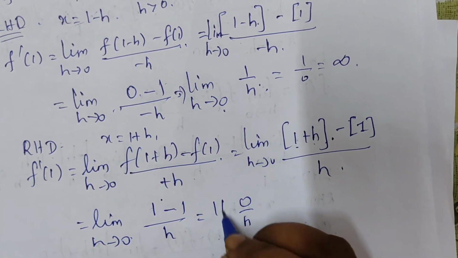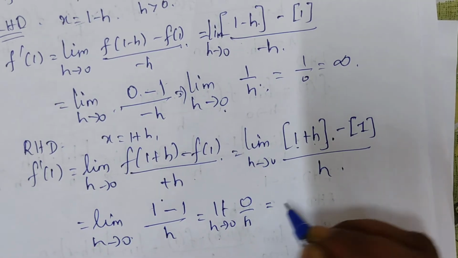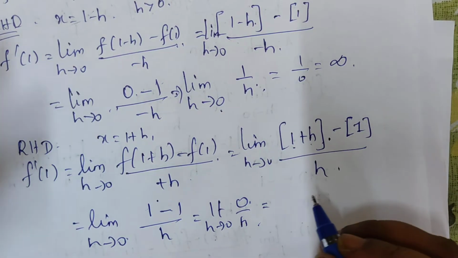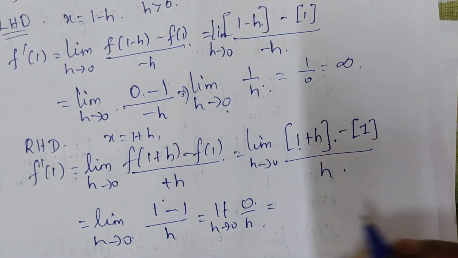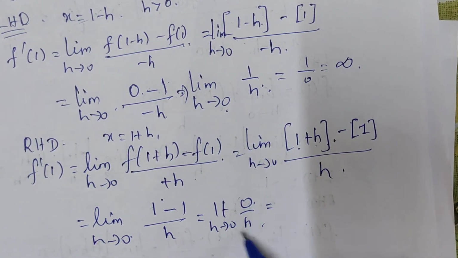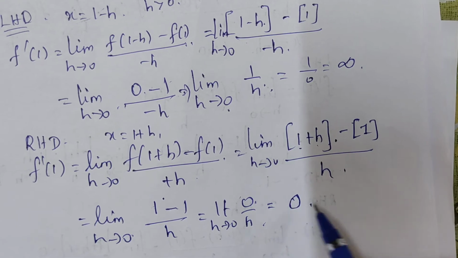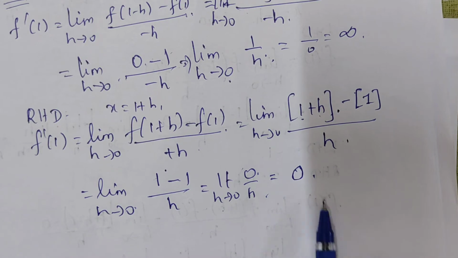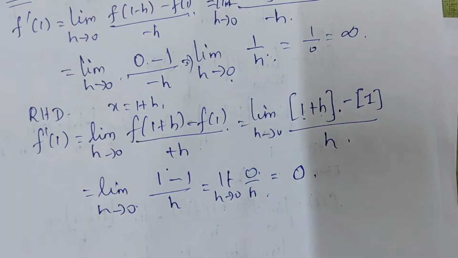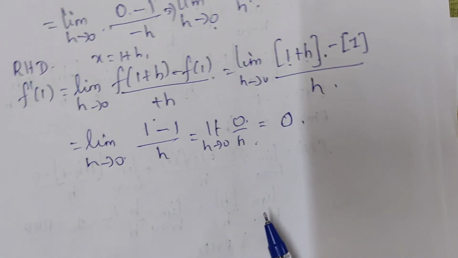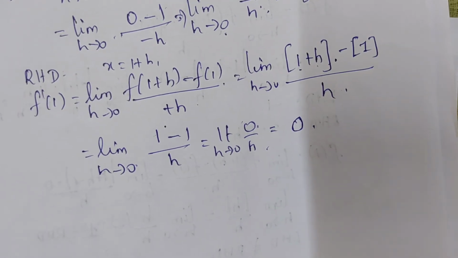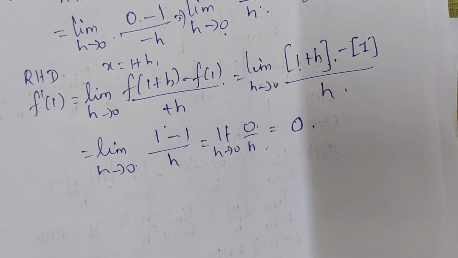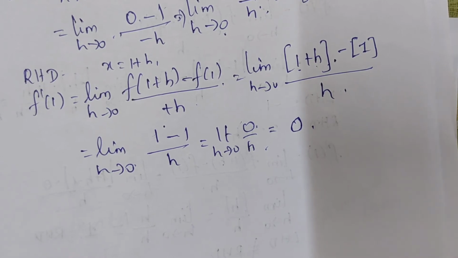That gives 0 by h, which is 0. So the right hand derivative is 0, which is not equal to the left hand derivative. So we can say the function is not differentiable at x equal to 1.